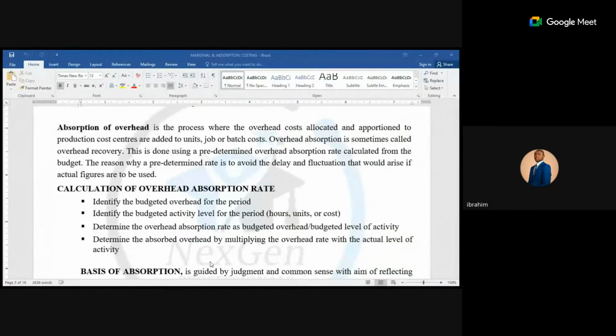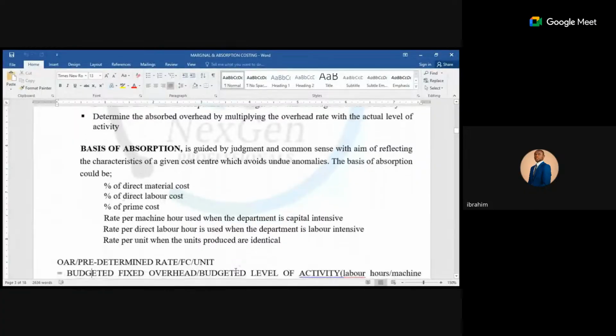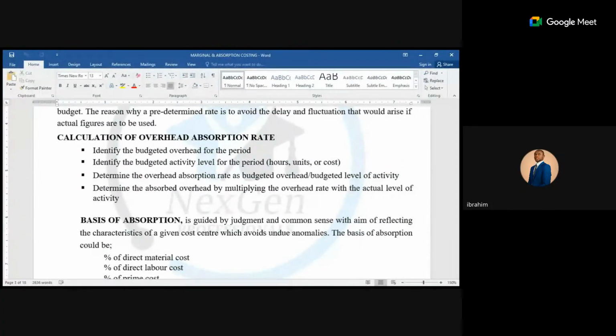Now, how do we determine the overhead absorption rate? First, identify the budgeted overhead for the period.